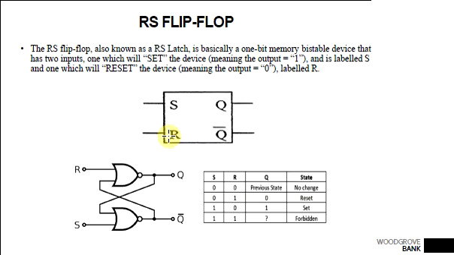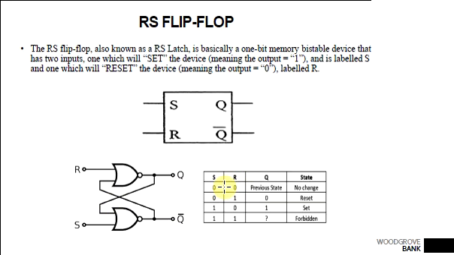The simplest one uses NOR gates, in a cross-coupled arrangement. The input of one NOR gate is coupled to the output of the other one. Similarly, the output of the first one is coupled to the input of the second one. R and S are the inputs, and Q and Q bar are the outputs.